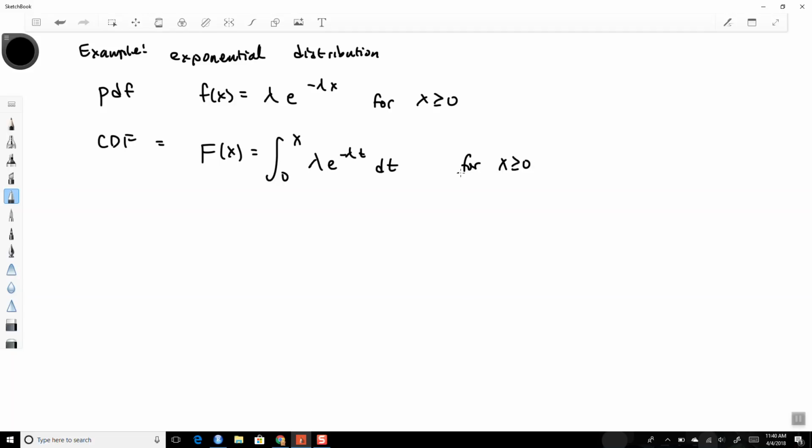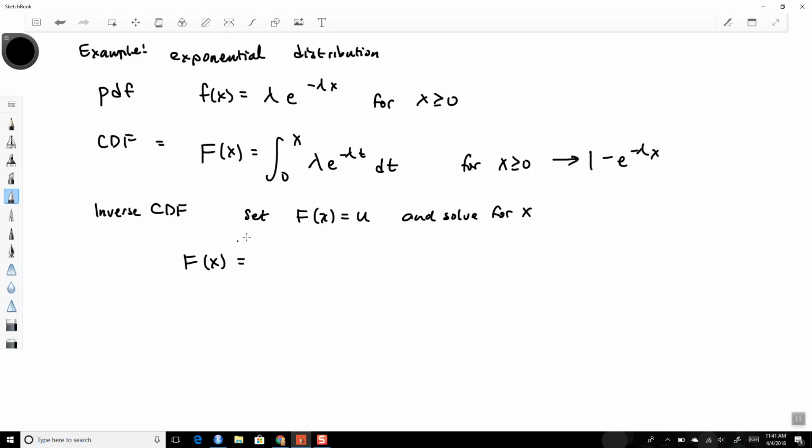And thus the inverse CDF can be found this way: you set F of x equal to u and solve for x. When you integrate this, F of x ends up becoming 1 minus e to the negative lambda x. So we have 1 minus e to the negative lambda x is equal to u.